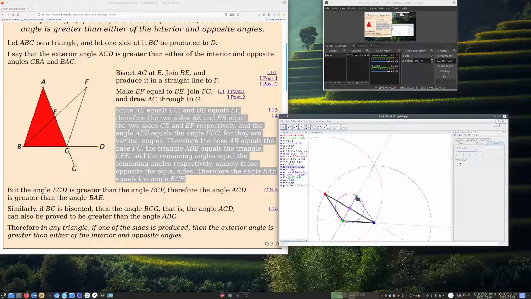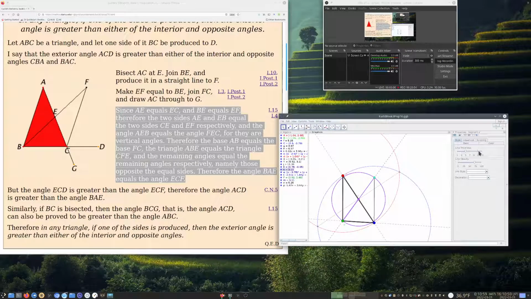Point is that these two triangles are congruent. These need to be thicker. Let's try 7. No, we're going to go with 9. And this will need to be thicker as well. But it can be gray.